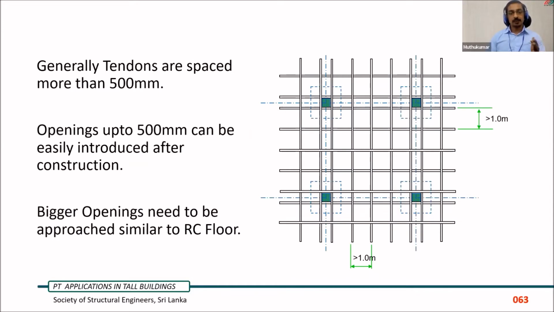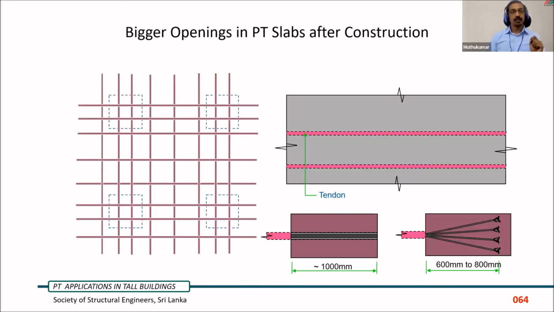As the tendon spacing is larger, for anything in between the tendons we can check back on the design. Apart from the column drop area, which should not be in a critical location, other portions within the tendon spacing can easily be opened after checking back with the design.